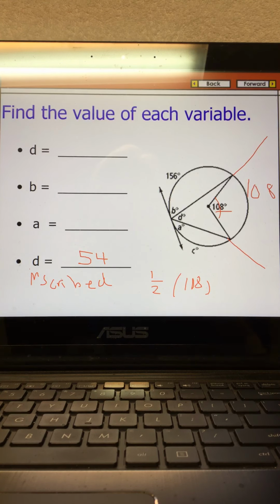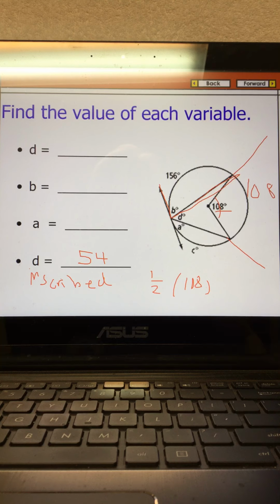Okay? Now, here's a tangent and a chord. That's what's forming angle B in here. This tangent and this chord are forming angle B. Angle B is associated with this arc that's looping around this chord.